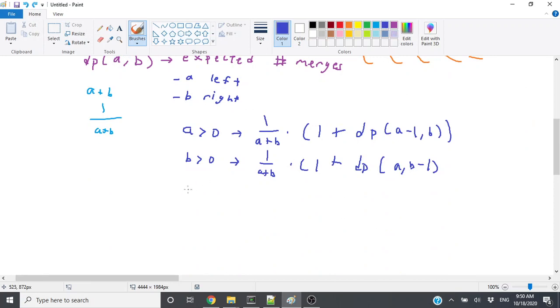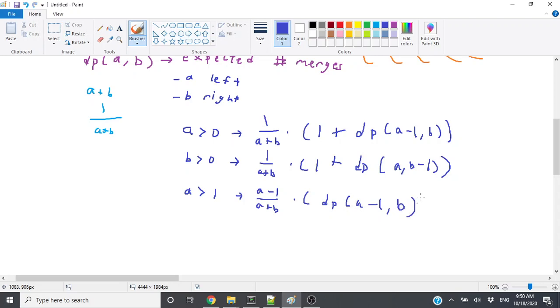So if A is greater than 1, then there are A minus 1 possible merges divided by A plus B times, we don't get the 1 here because this specifically doesn't add a merge. So it's just dp A minus 1 and B, because we still remove an element from the left.